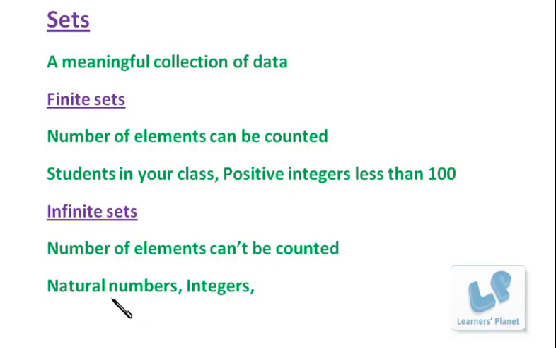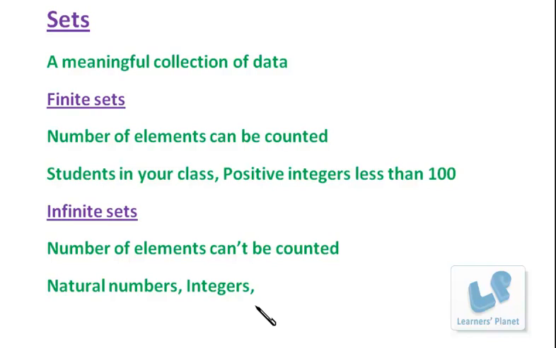Now suppose we have the sets of natural numbers and integers. Since we do not know the extreme numbers, we cannot count them. How many natural numbers are there? There is no answer to this question. But the set is meaningful, that we are counting natural numbers, and that is a systematic set. That's why it's a set, but it's an infinite set since the elements cannot be counted.